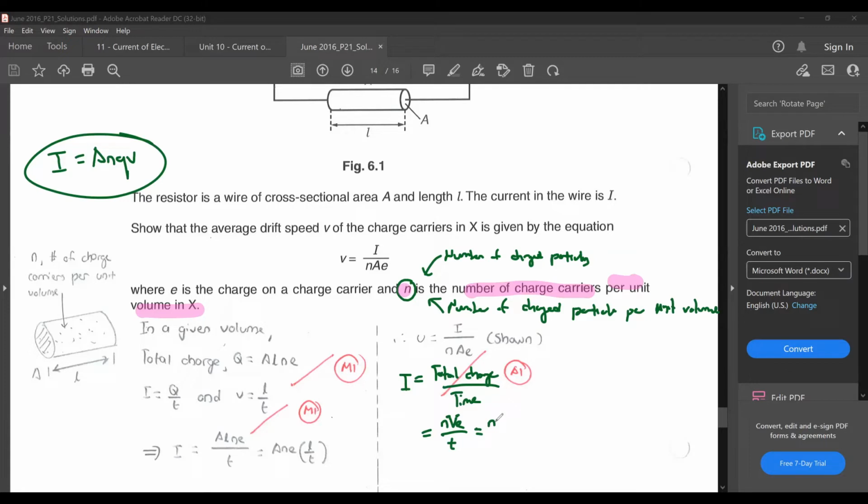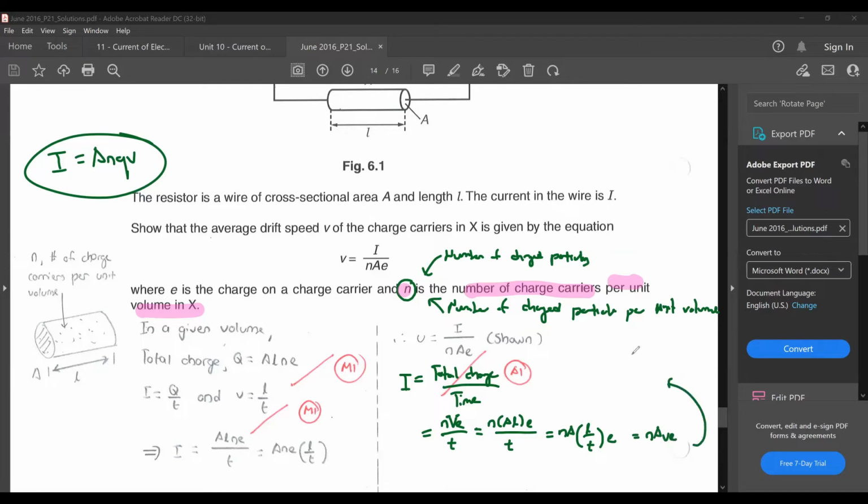Then volume can be rewritten as AL, so NAL times E divided by T. Then I can redo this as NAL over T, so L over T times E. So eventually you get NAVE.